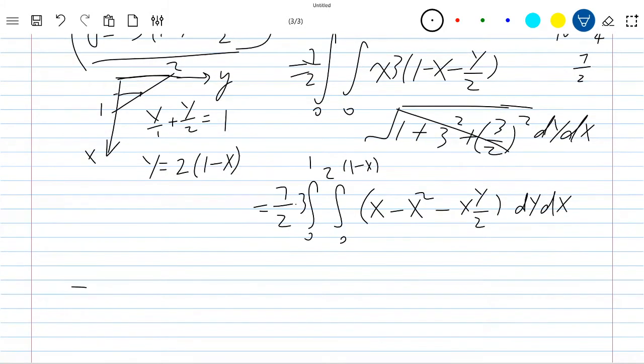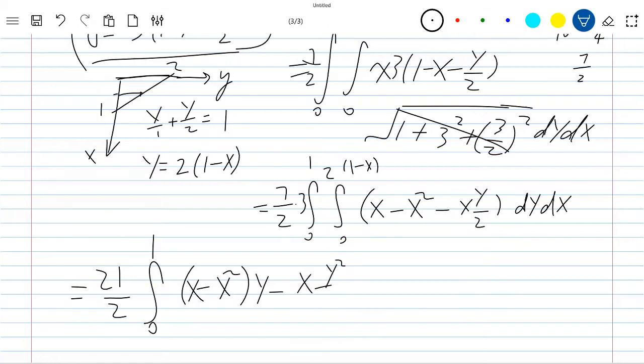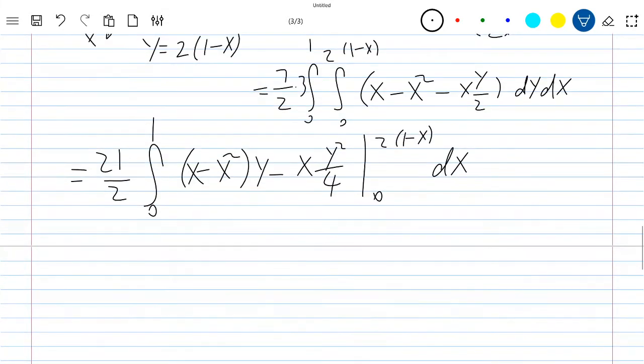Right? And you have 21 over 2, 0 to 1. Then you have x minus x squared times y minus x times y squared over 4. And then you plug in 0 to that. Then integrate over x.